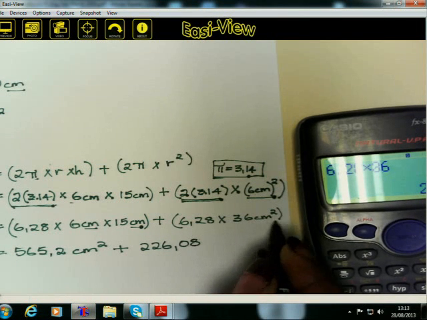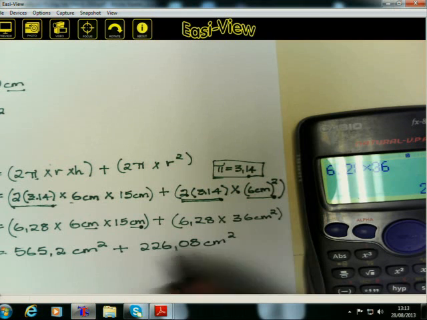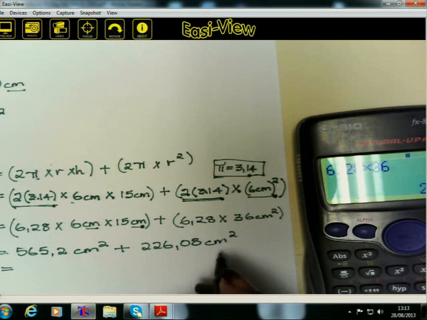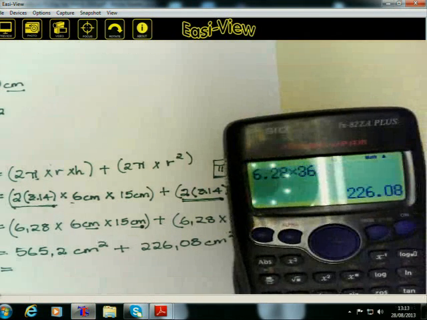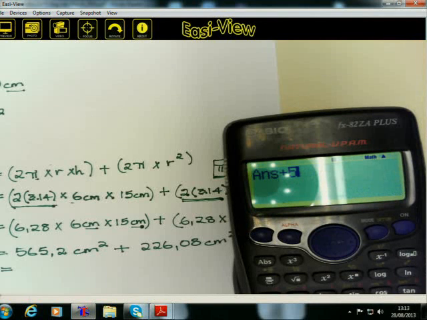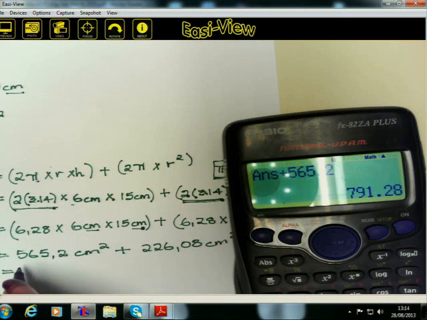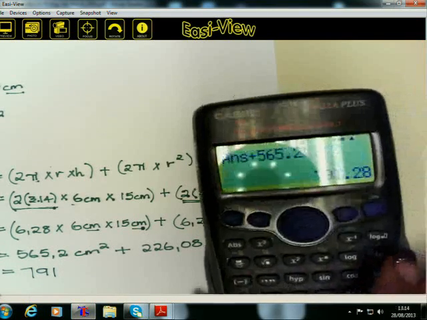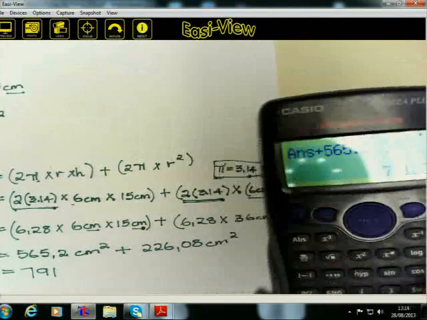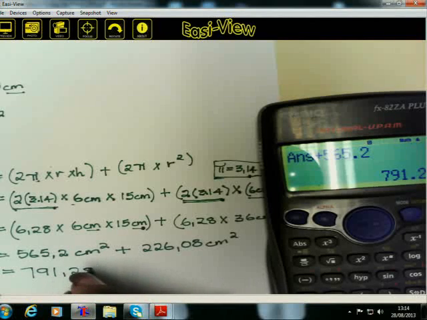226,08. Remember your units, square centimeters. It is possible for us to add those two because the units are the same. I think in lower grades we used to say they are like terms. So we are able to add them, and our answer is 791,28.